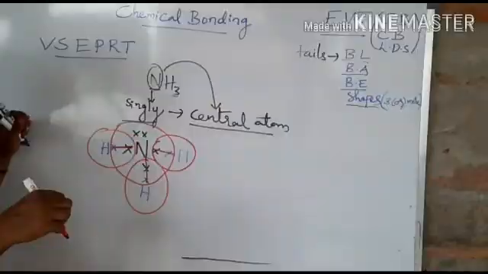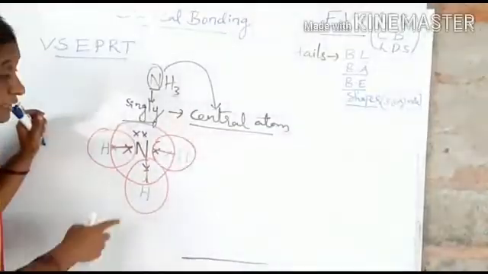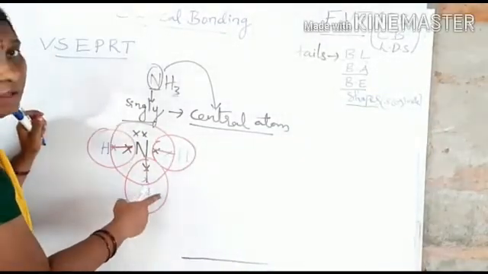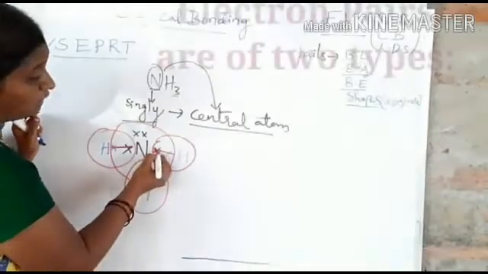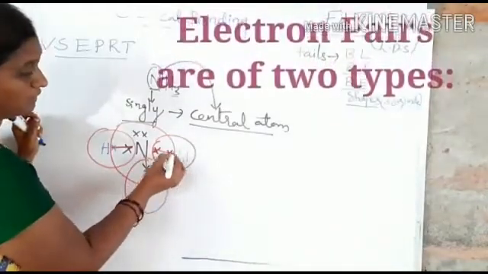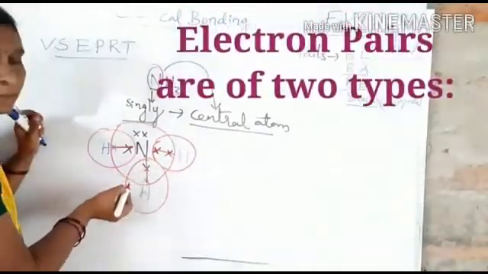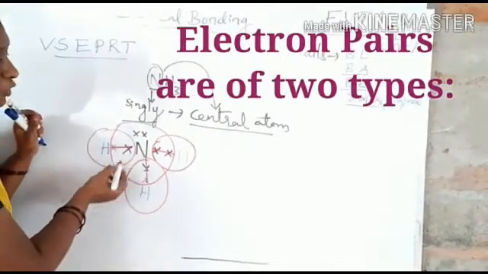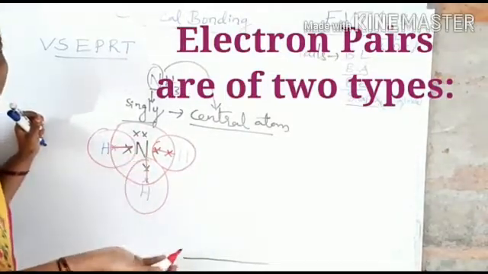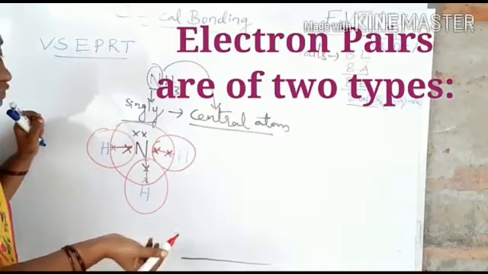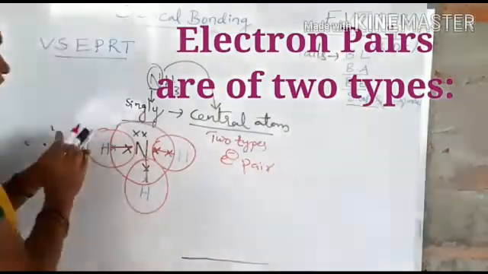So here there are 2 types of electrons. What are the 2 types of electrons present in this ammonia? Here these 2 electrons are present in bonds. These 2 electrons are also present in the bonds and these are also present in the bonds. But these 2 electrons are not present in any bond. So, types of electron pairs.